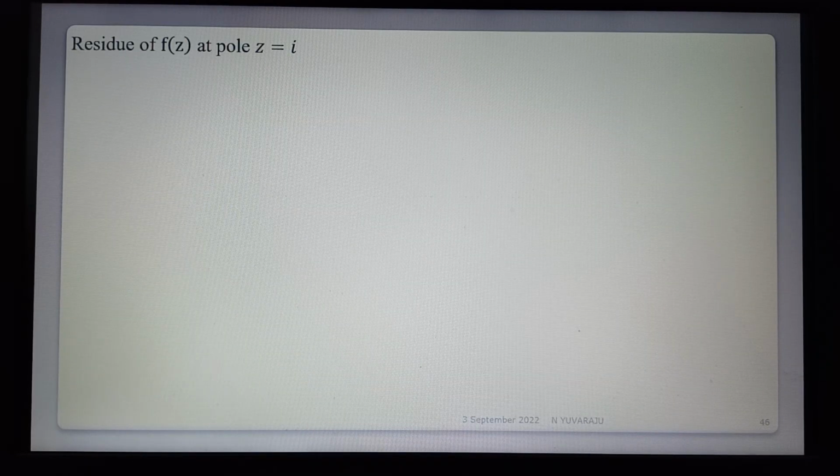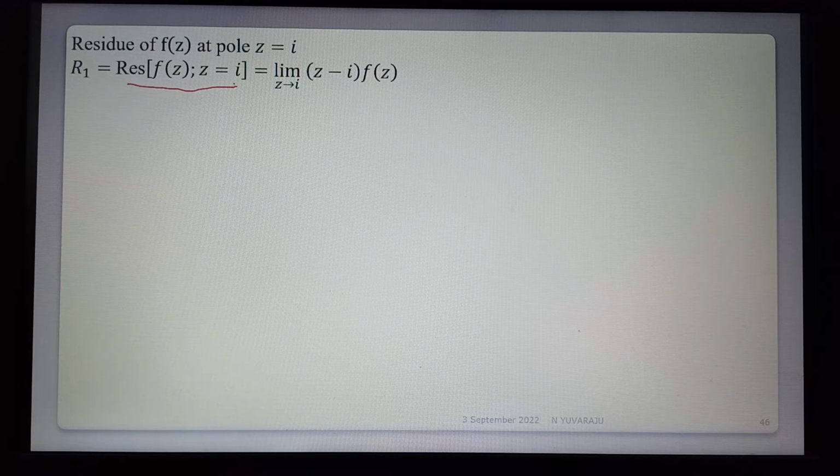I'll continue. The first one: residue of f of z at pole z is equal to I. So R1 is equal to, by the formula, residue of f of z at z is equal to I, limit z tends to I, (z minus I) into f of z.